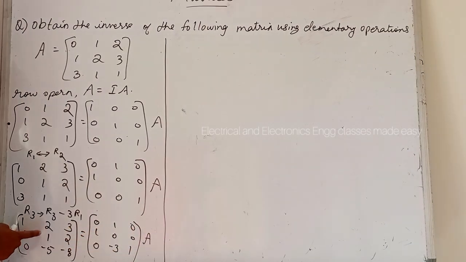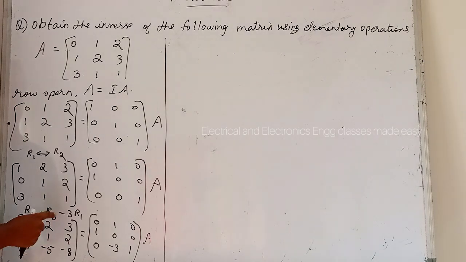Now our next step is to make the second element in the second row 1. Here it is 1 itself. So our next step is to make the elements above and below this 1 zero. That is, this element we have to make 0 and also this element we have to make 0.